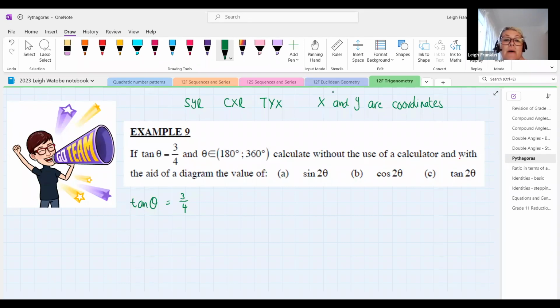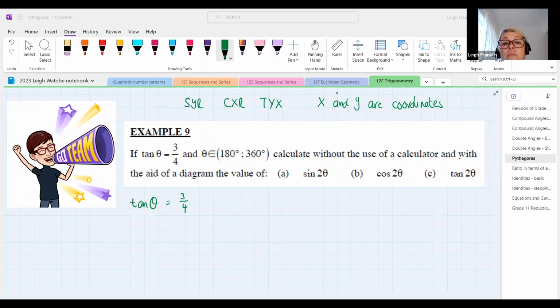Remember, your terminal arm is anchored at the origin and it swings about the origin in an anti-clockwise direction when angles get bigger. So x and y are the coordinates at the end of the terminal arm. They change sign depending on which quadrant we are in. So x and y coordinates.